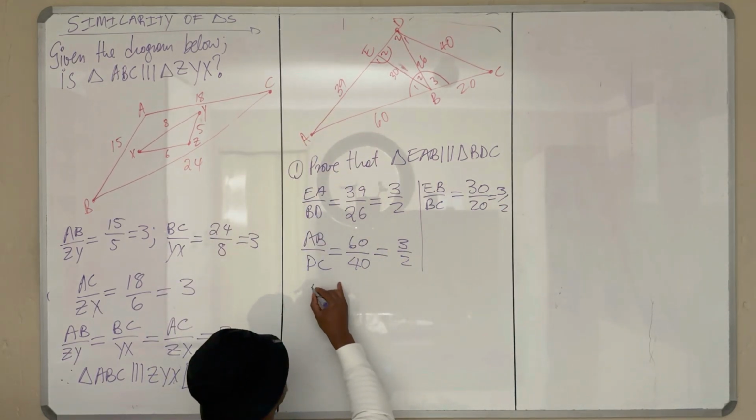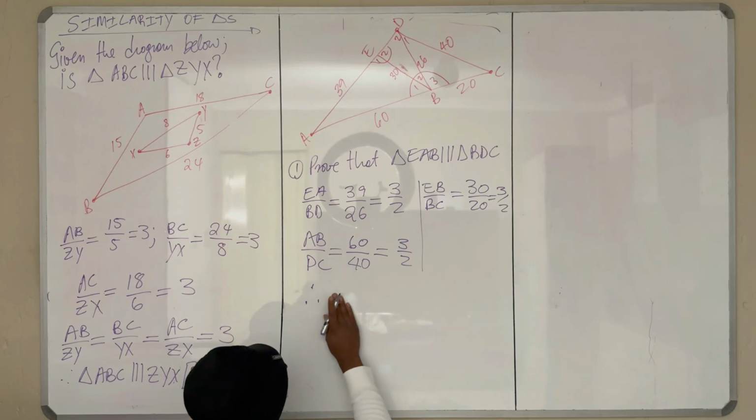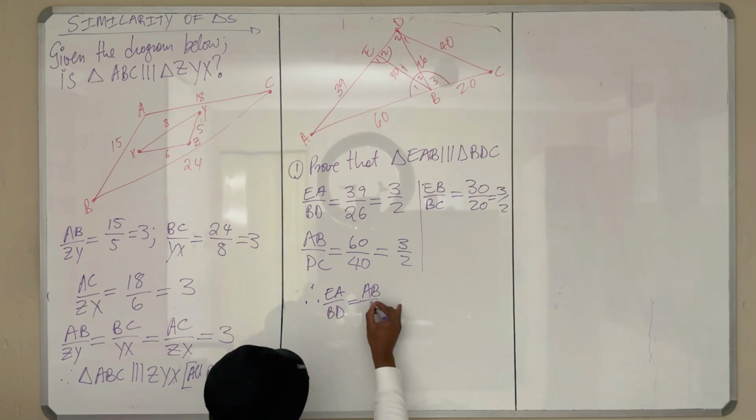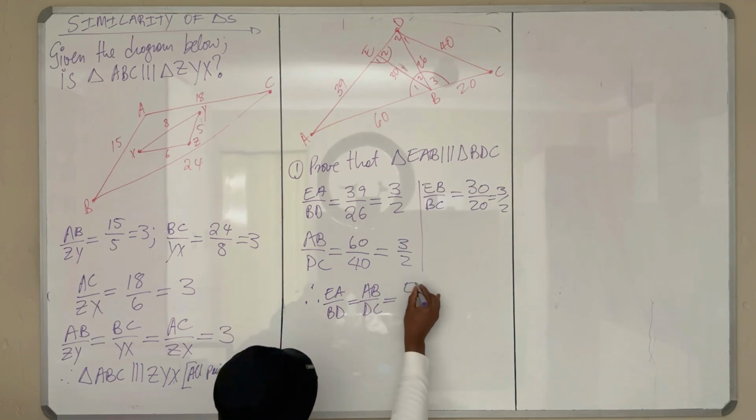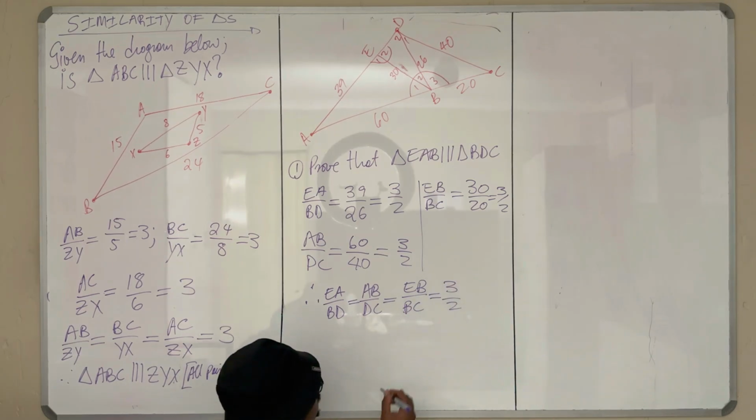Therefore, we can say EA over BD is equal to AB over DC, which is equal to EB over BC. Do you see that all pairs of corresponding sides are all equal to 3 over 2? Yes.